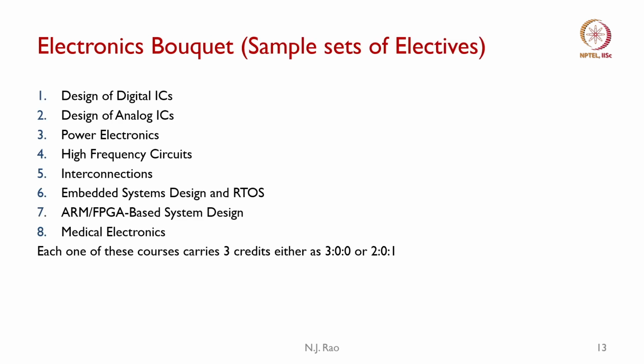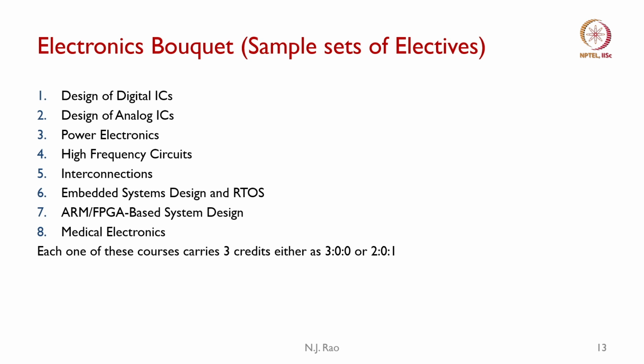Now, let us look at electronics as we started with. Electronics bouquet can be design of digital ICs, design of analog ICs, power electronics. You call it power electronics, but all the things that you want to deal with the power can be incorporated into that.